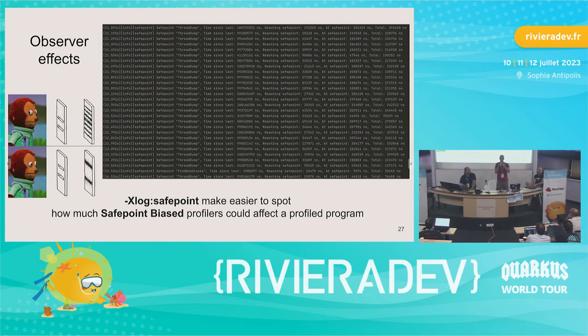So there are very specific points in your code where the safepoint poll is added in order to not make it cost too much. And that means that you have a biased view of the world. You observe what happens in the JDK only when the safepoint happens. It's very important. Sometimes there are things that you would like to observe outside of it. Sometimes not. You would like to choose.